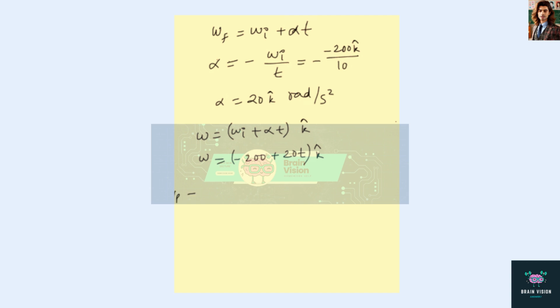Now proceeding to obtain the velocity vector at point P, we can write Vp equals Va plus ω cross RAP. Okay, these are the vector quantities.